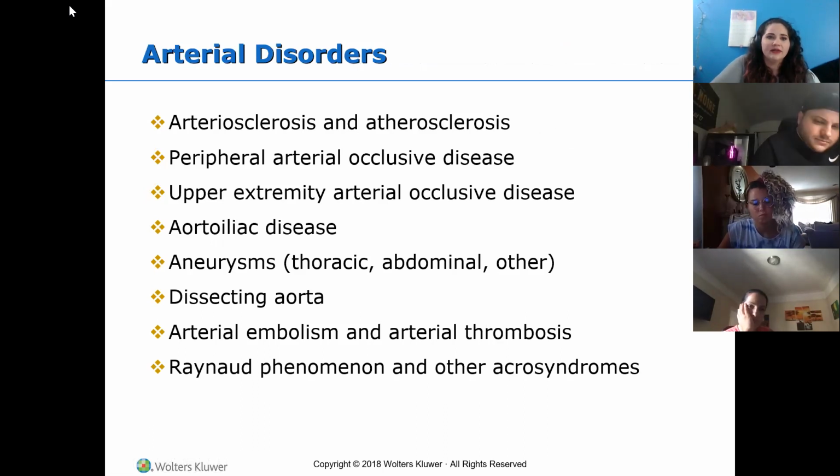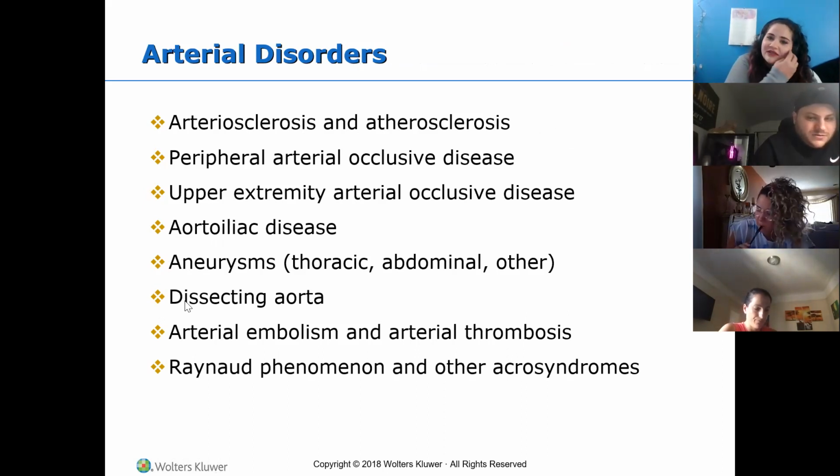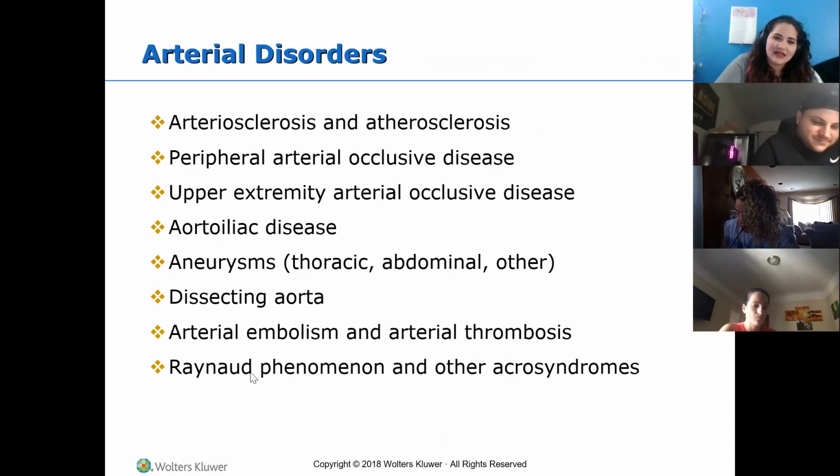Okay, so we have arterial disorders. We have arteriosclerosis and atherosclerosis, peripheral arterial occlusive disease, upper extremity arterial occlusive disease, aortoiliac disease, aneurysms, thoracic, abdominal, other, dissecting aorta, which is when it literally just splits off of the heart.